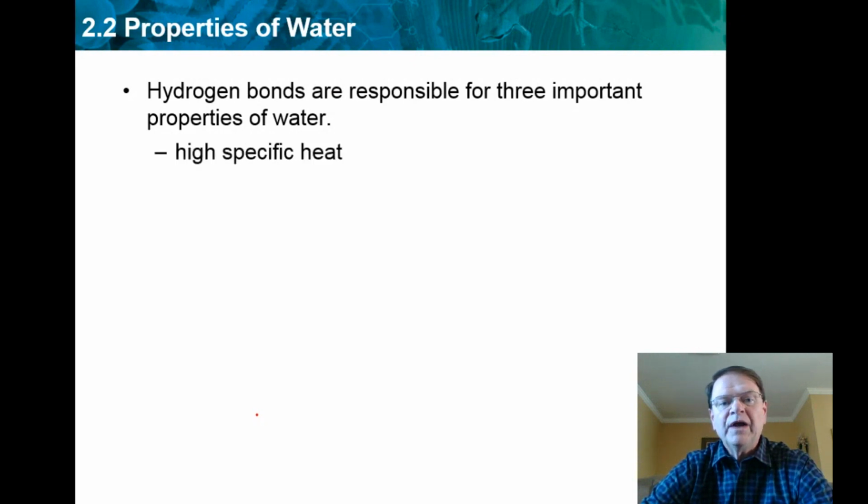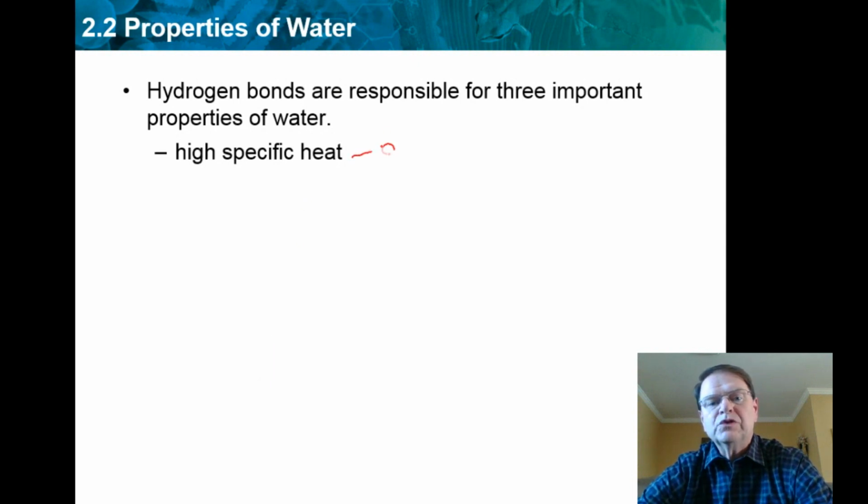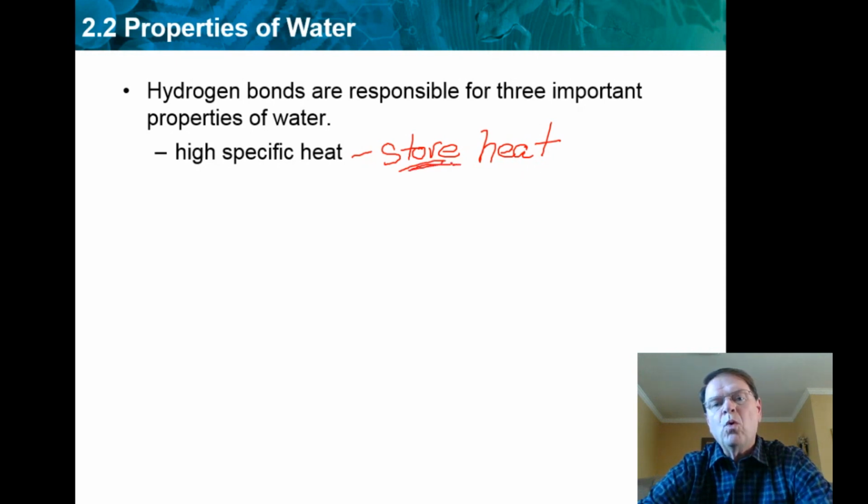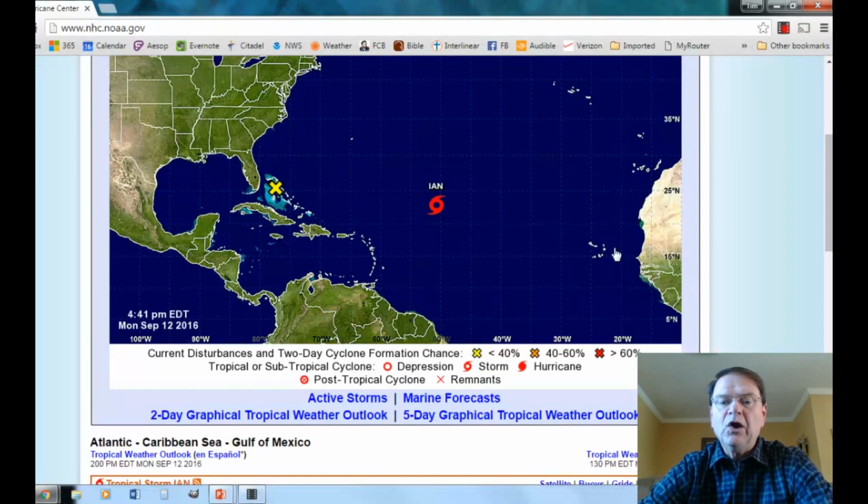First, a very high specific heat, and that means that water is able to store large amounts of heat because of how water molecules are going to interact with each other. That just goes to underscore that water can store tremendous amounts of heat, and that's going to carry that heat through the ocean currents, such as the Gulf Stream that goes in a northeasterly fashion across the eastern border of the United States.